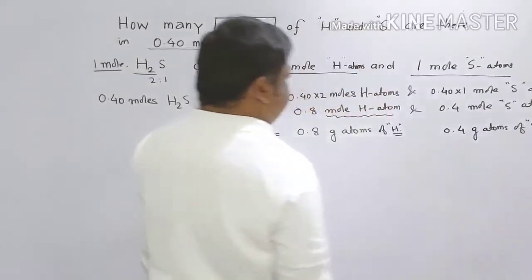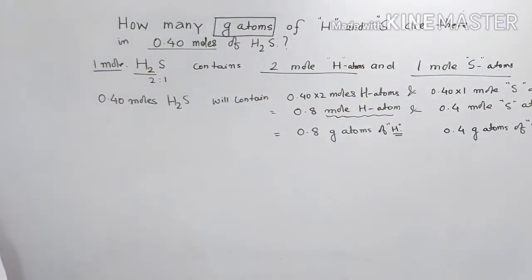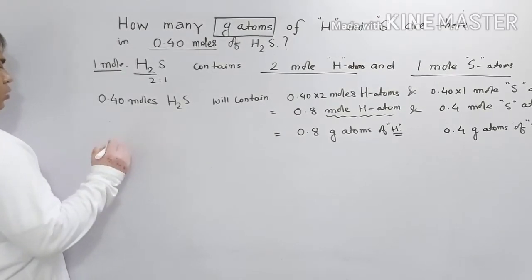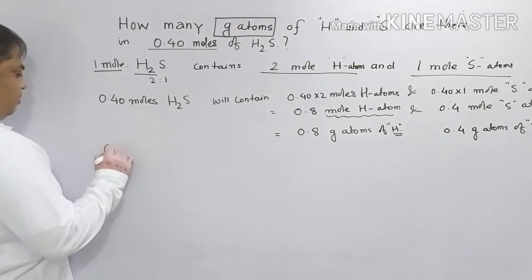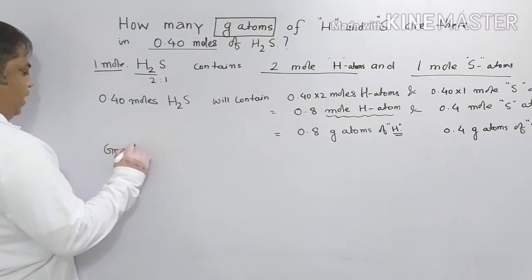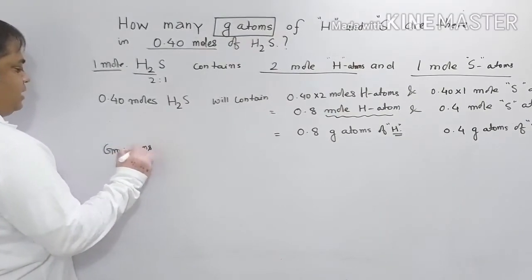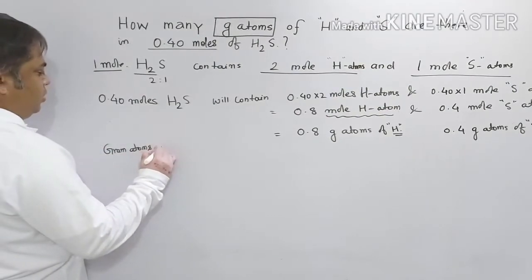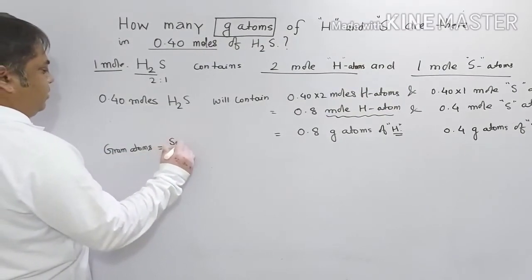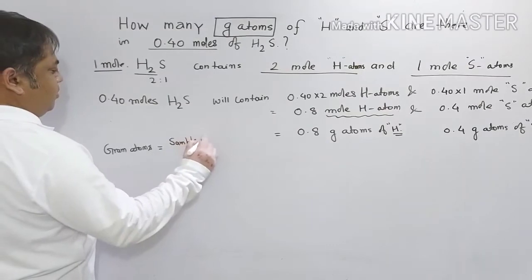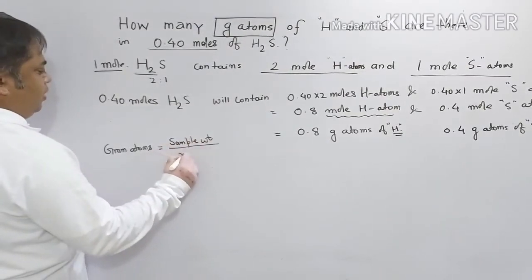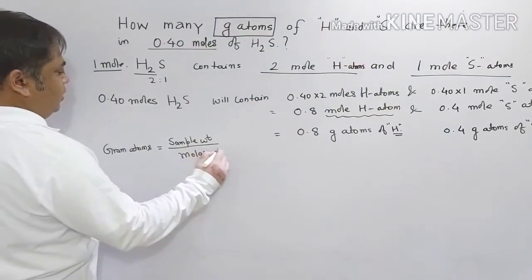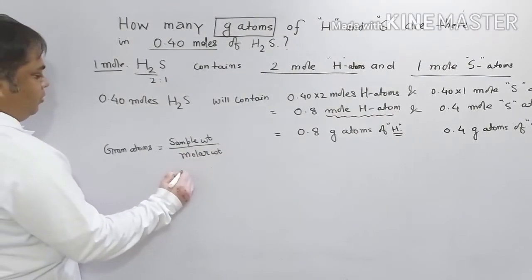Now let us try to understand the meaning of gram atom. In olden days, the chemists used to use a term as gram atoms when the concept of mole was not known. So they used to use gram atoms equal to sample weight divided by molar weight. It is nothing but equal to number of moles.